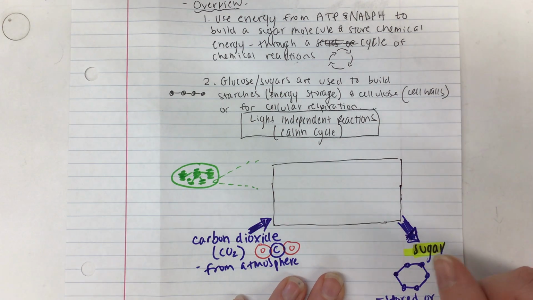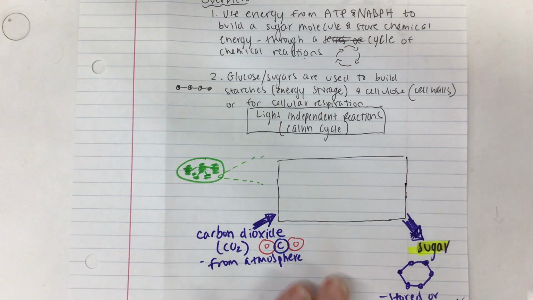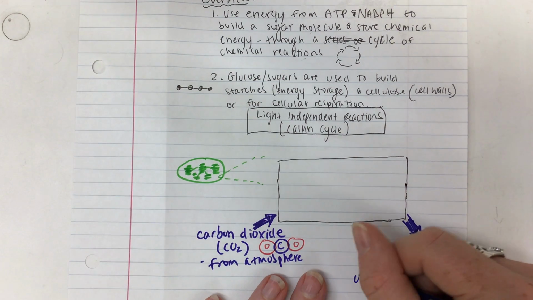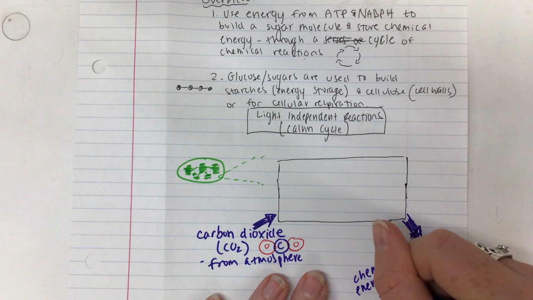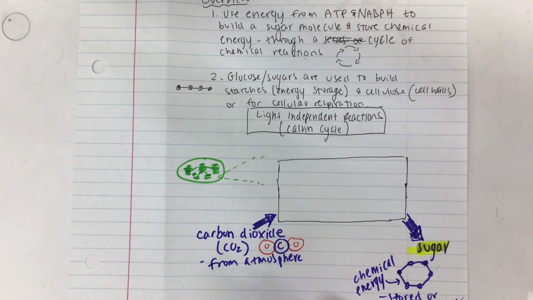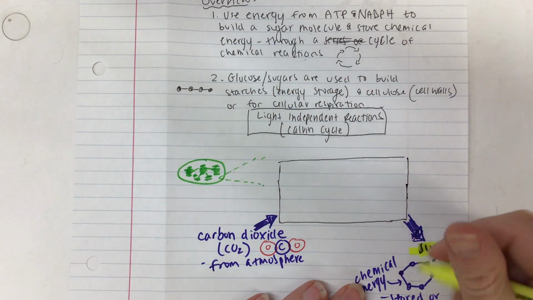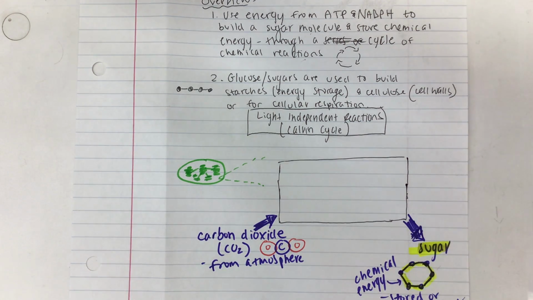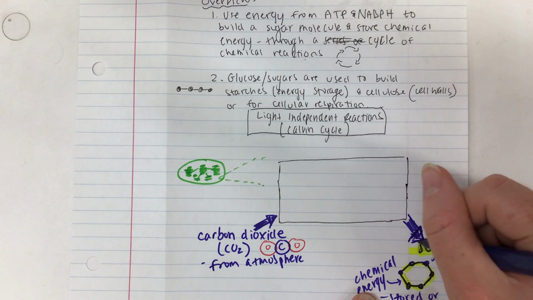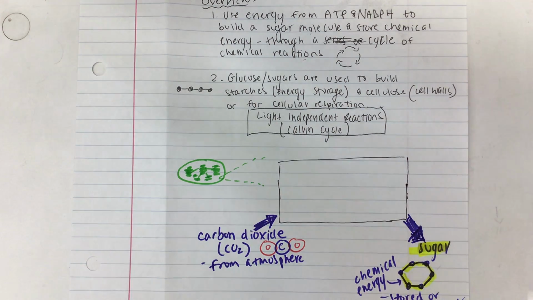Stored in or used by the plant. Okay, chemical energy, I'm writing that. Chemical energy is stored in these bonds of the sugar molecule, in these carbon-to-carbon bonds. All right, so those are our 2 major guys. And remember, use your arrows to show movement. So this is coming out.